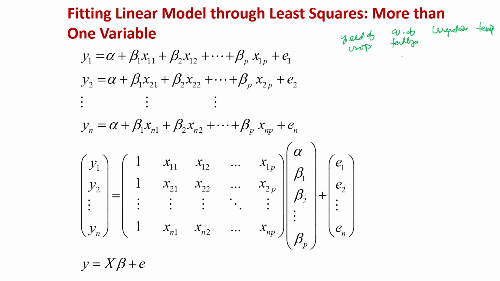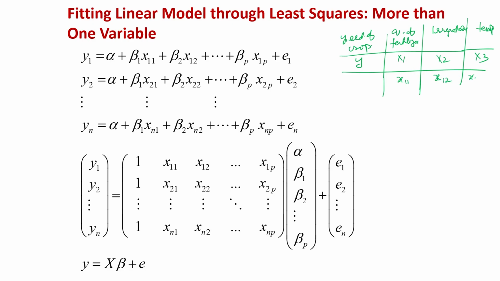Suppose I take 3 variables. So y here is the yield of crop, quantity of fertilizer x1, irrigation x2 and temperature x3, and now I conduct the experiment. I take some quantity x11, say 1 kilo of fertilizer, x12, say centimeters of irrigation, and the temperature was x13 degrees, and based on that I get a value y1. So this experiment is repeated.